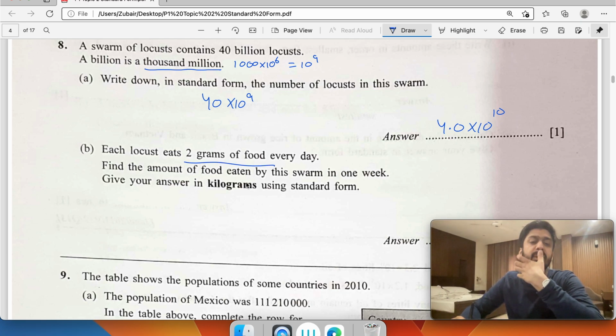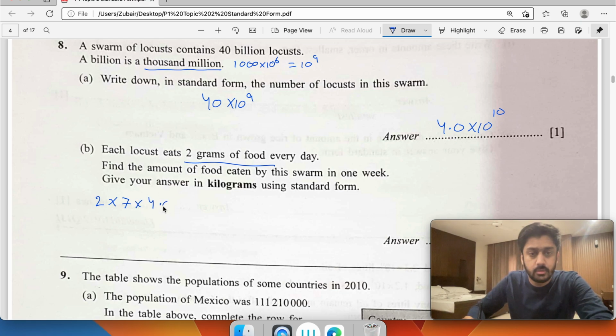Each locust eats 2 grams of food every day. Find the amount of food eaten by the swarm in 1 week. 2 grams every day. So 2 into 7 into 4.0 into 10 raised to power 10. 7 4 times is 28. 28 into 2 is 56.